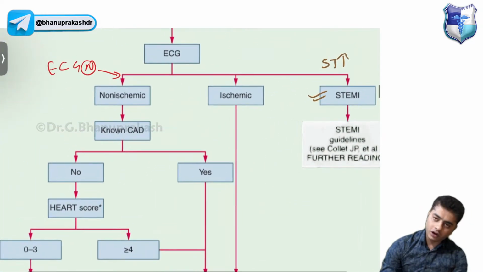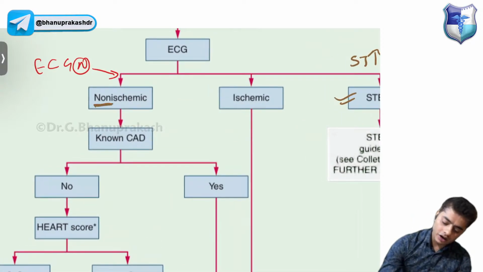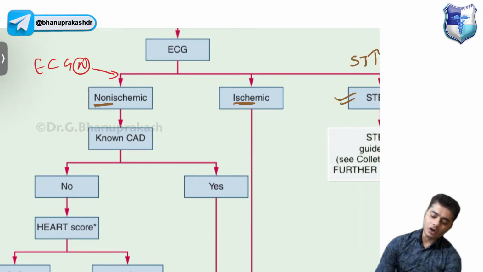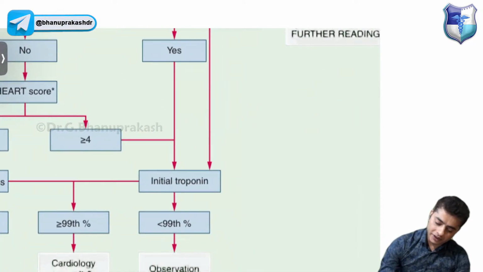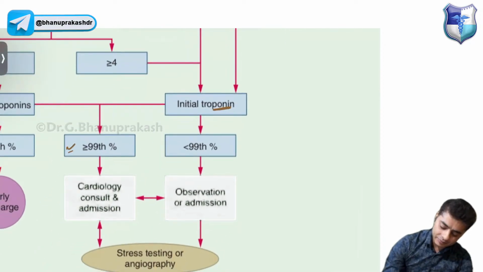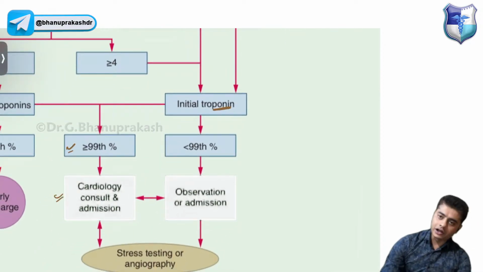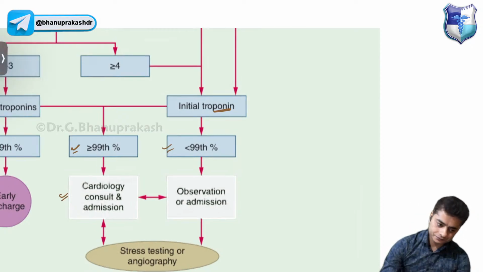If the ECG comes out to be normal, it can be divided into two things. Either it is a non-ischemic or it is an ischemic type of pain. Okay. If it is an ischemic type of pain, you will order troponin levels. And if any value of troponin is greater than the 99th percentile, you will consult cardiology. If it is less than the 99th percentile, you will observe the patient in the emergency for 3 to 4 hours.